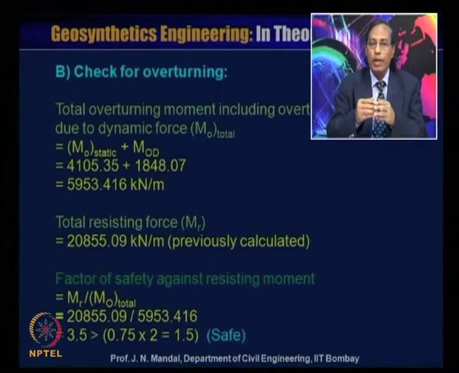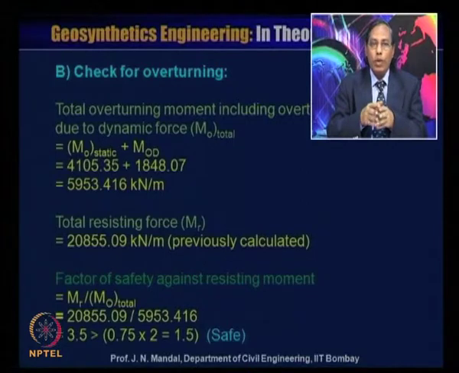20855.09 kilonewton meter per meter. So, factor of safety against overturning will be equal to MR divided by MO total. That means 20855.09 divided by 5953.416 is equal to 3.5, that is greater than 0.75 into 2 is equal to 1.5.